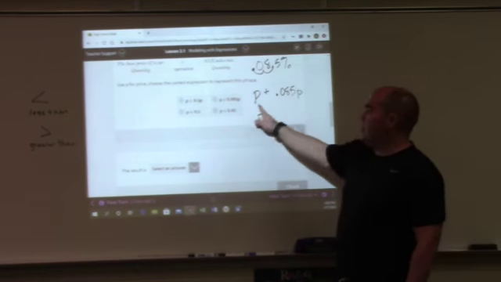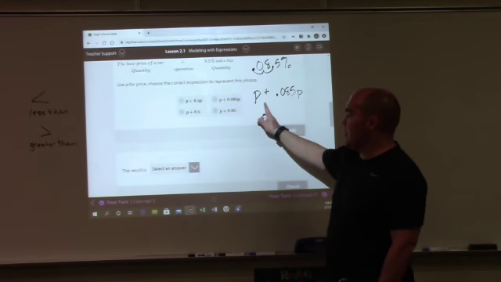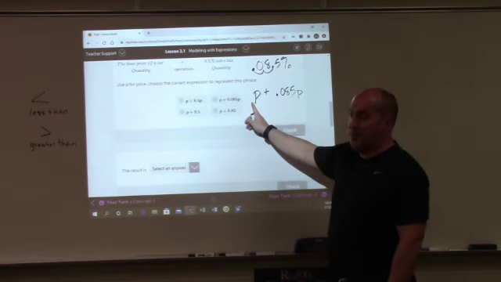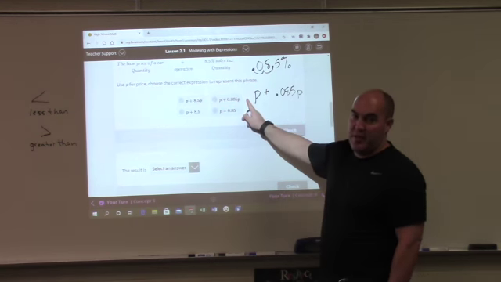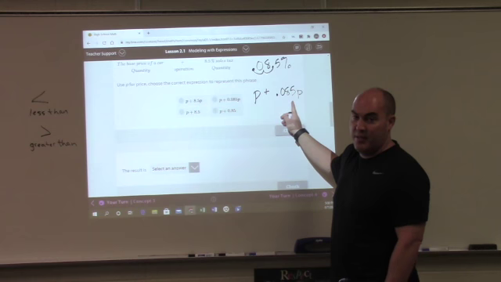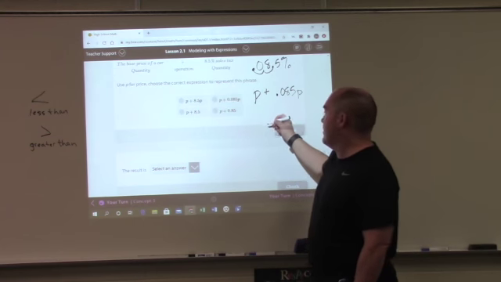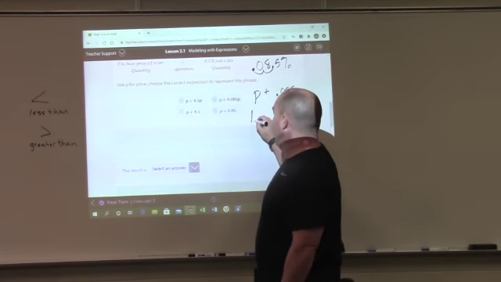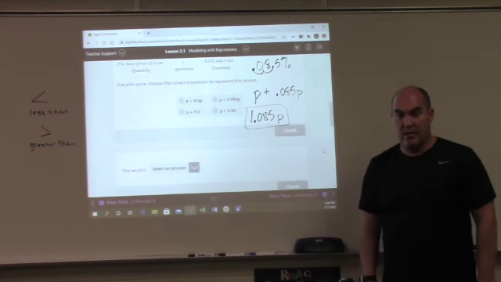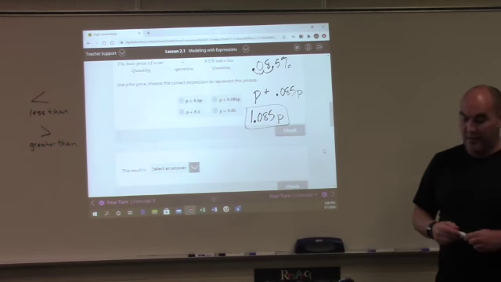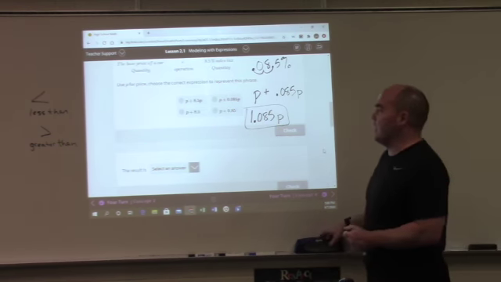Now, when we add these two things together, these are like terms. This is 1p, and this is 0.085p. So here the coefficient is 1, here the coefficient is 0.085. When we add those together, we're going to get 1.085 times p, and that would be our final answer. That's how we would write that expression.